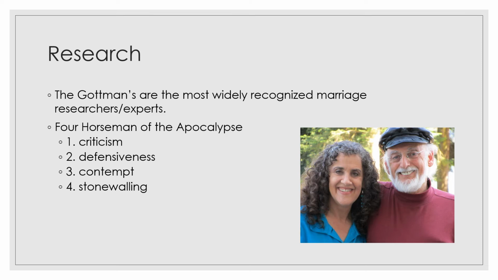And this is when one person attacks the other person's character rather than attacking a behavior or an action that the other person has done or participated in. So it's really about attacking them at their core instead of addressing an individual particular behavior or even a pattern of behaviors.